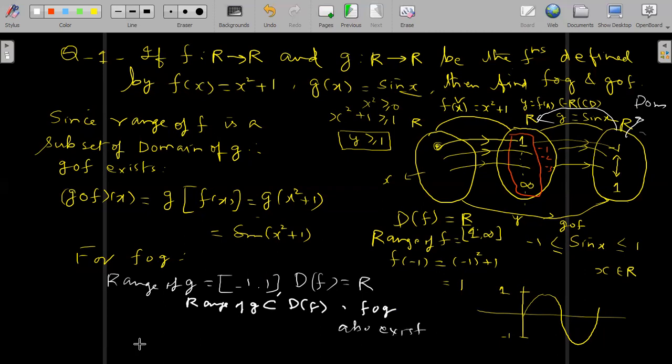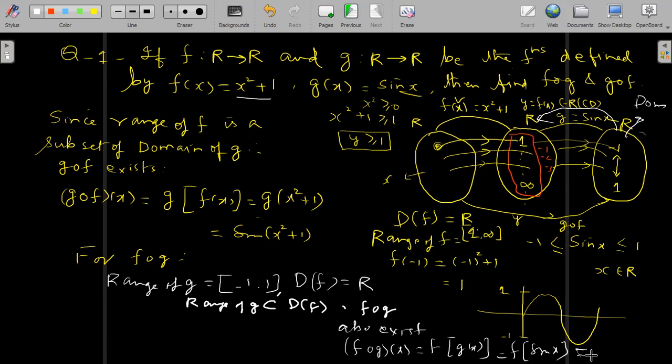When it exists, we can find the value of (f∘g)(x), which will be equal to f(g(x)), and g(x) is sin x. So f(sin x), and f(x) is equal to x square plus 1.